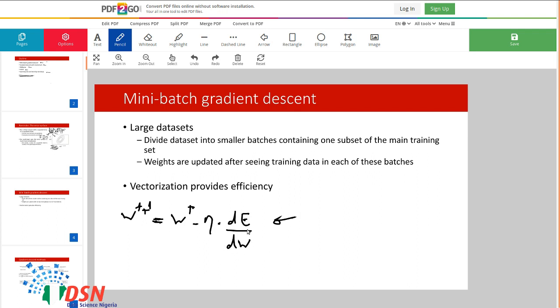But the problem is that when we have lots of training data, the error is equal to the sum over all of the training data of the loss function for each sample.